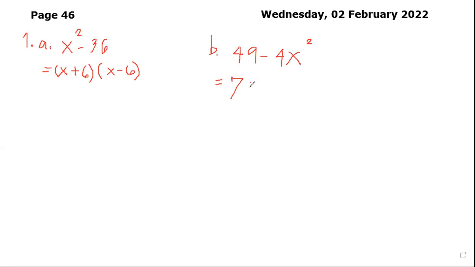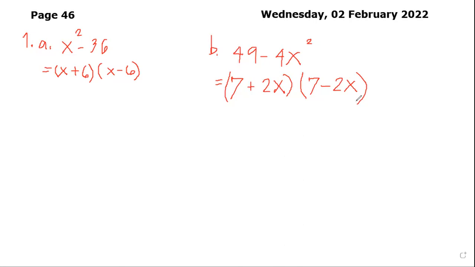Okay, so 7 plus 2x, all right, times 7 minus 2x. Okay, so please follow. Take note, you will finish all. I started, but you finish. All right. So that is A and B.